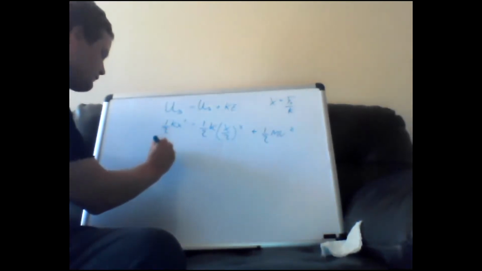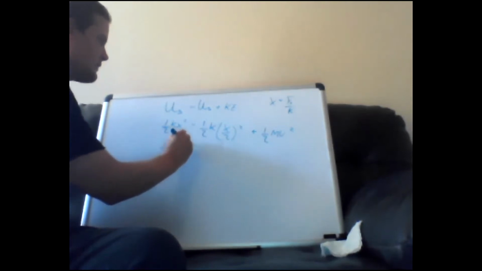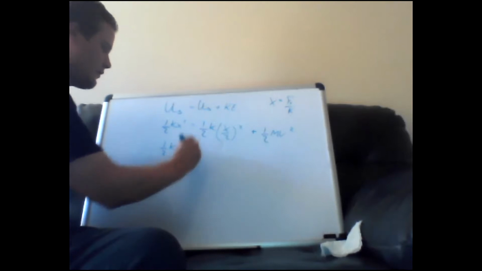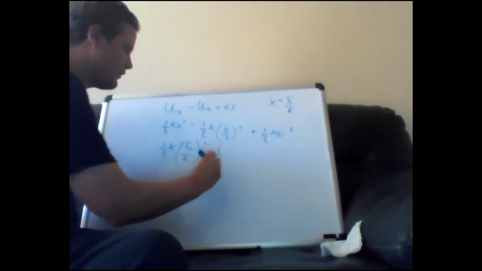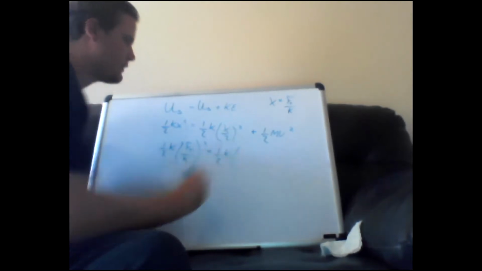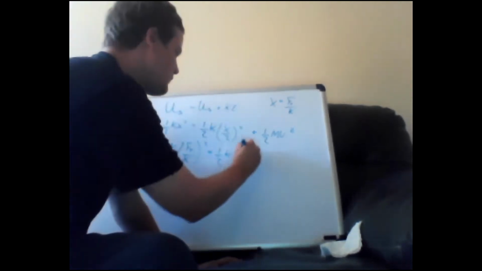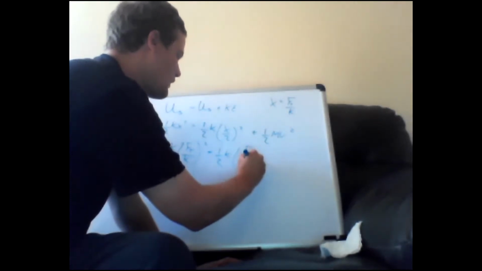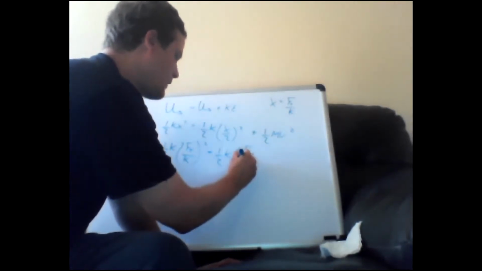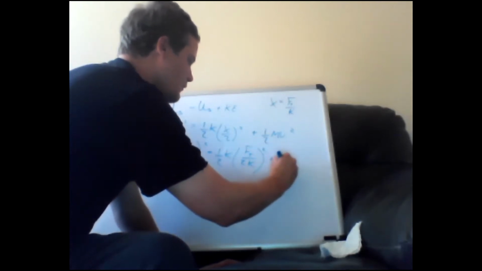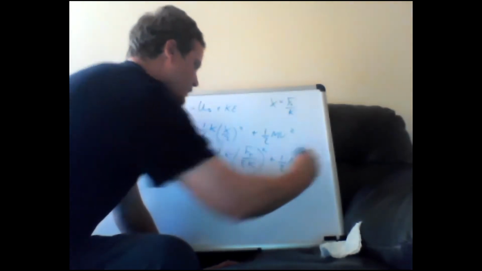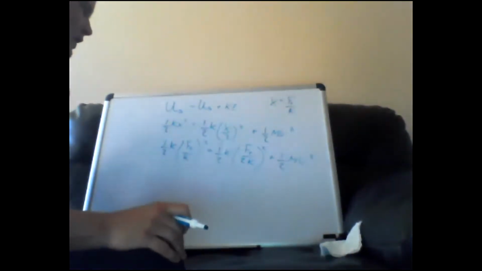So it's 1/2 k times x squared, so that's 1/2 k times (Ft divided by k) squared, is equal to 1/2 times k times (Ft over k divided by 2) squared, plus 1/2 mass velocity squared. Okay, that's kind of a messy equation.